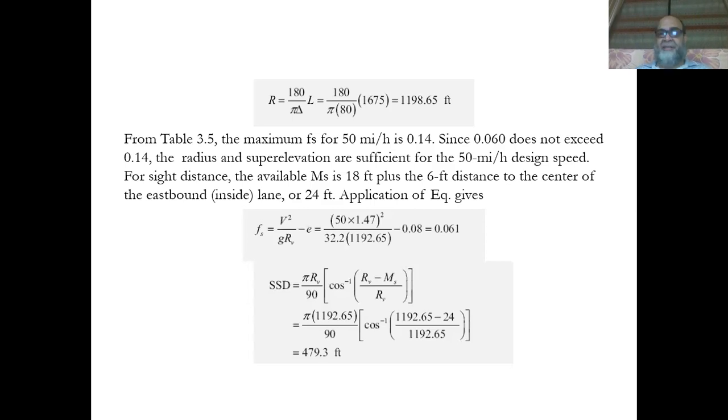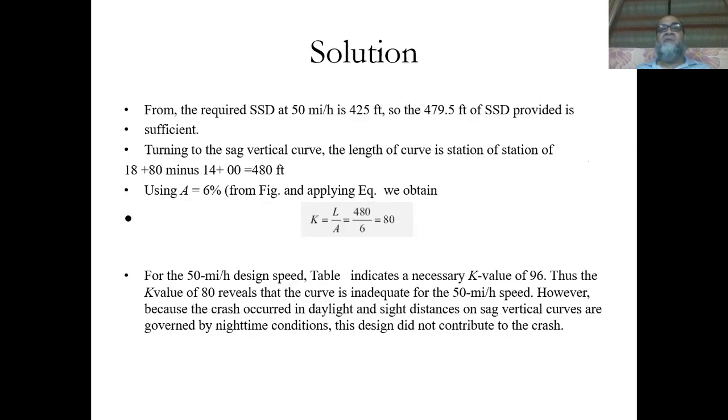And secondly, you can always find that the offset or the building was adequately placed, and that's why you calculated safe stopping sight distance. Again, if you look at what was required for safe stopping sight distance and what is there, we'll say there is no problem with the curve.